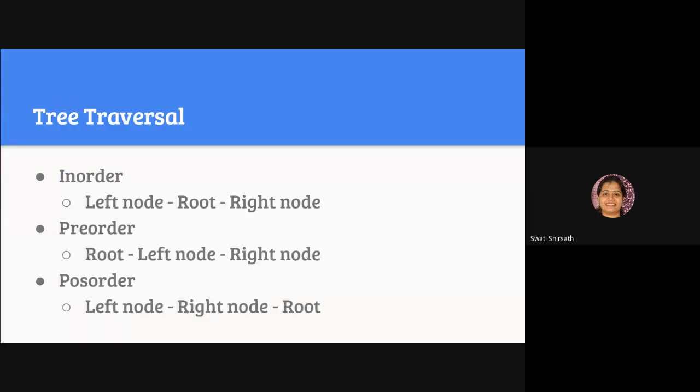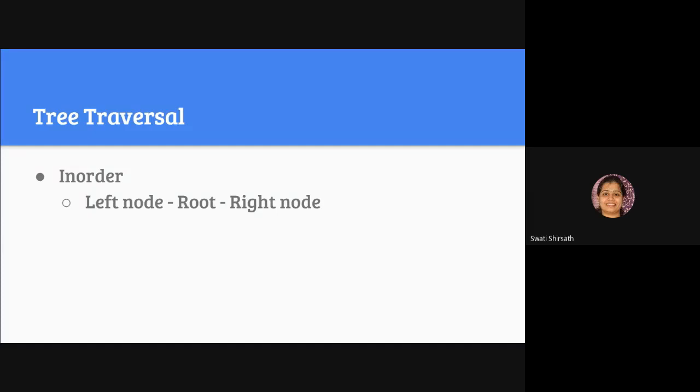In-order is the one where we consider the left node first, then the root, and then the right node. So the root is in the middle. The 'in' depends on the position of the root. If it is in between the left and right node, then it is in-order.